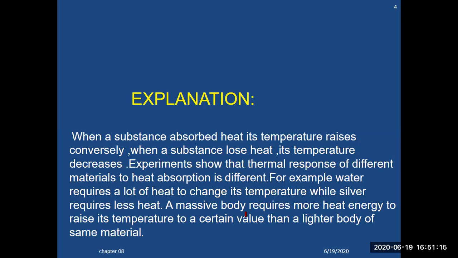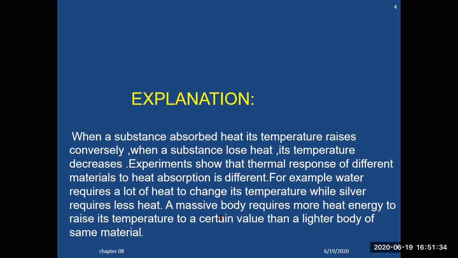A massive body requires more heat energy to raise its temperature to a certain value than a lighter body of the same object. 1 liter water and 1000 liter water are the heavy and smaller objects. They need different amounts of heat to increase the temperature by 1 Kelvin.